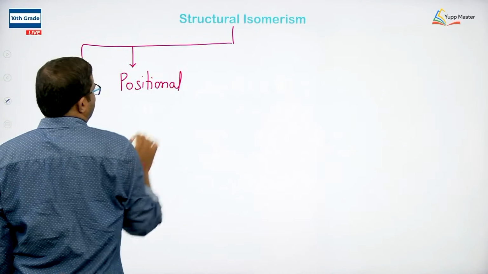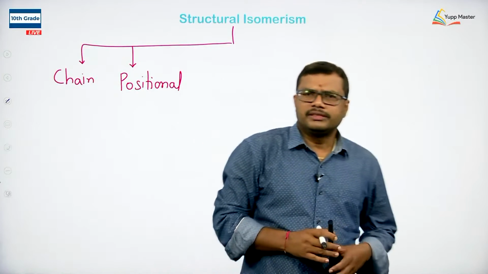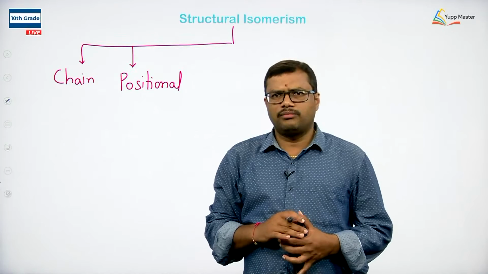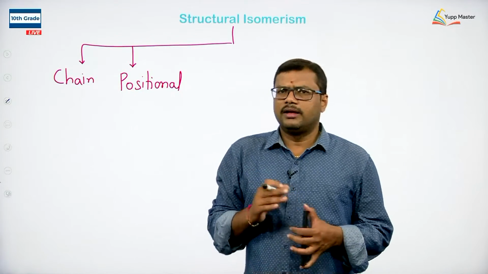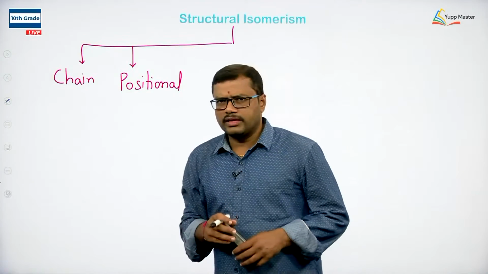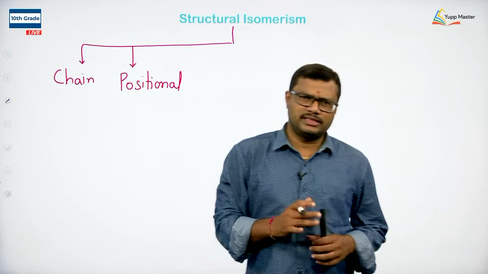What is chain isomerism? In chain isomerism, two or more organic compounds have the same chemical formula, but the arrangement of carbon atoms is different. We can see chain isomerism in hydrocarbons, especially alkanes, alkenes, alkynes, etc.